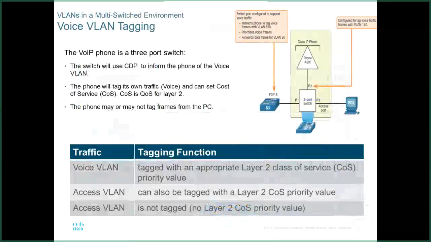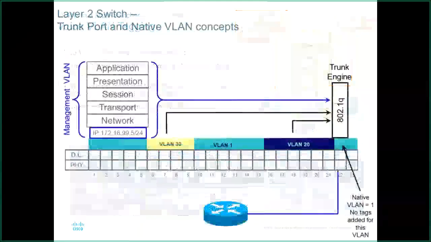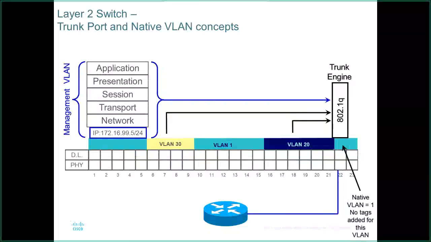Now, the benefits of trunking when we're connecting to a router is routers do not have the same port interface density as what switches do. Your average switch has 24 ports. Your average router has 2 Ethernet ports.